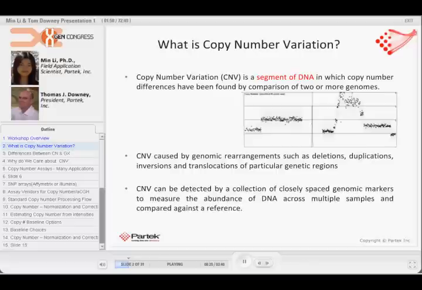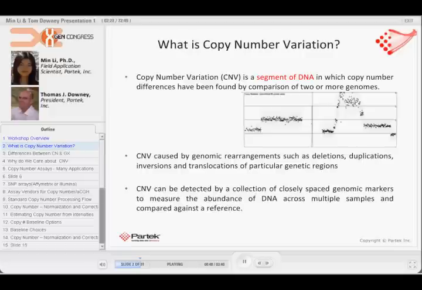Why? It's because the copy number variation is caused by rearrangement, such as deletions or duplications or inversions. So that means when you look for copy number variation, it's not only one probe set that has a higher intensity or lower intensity. You're looking for a segment of regions.